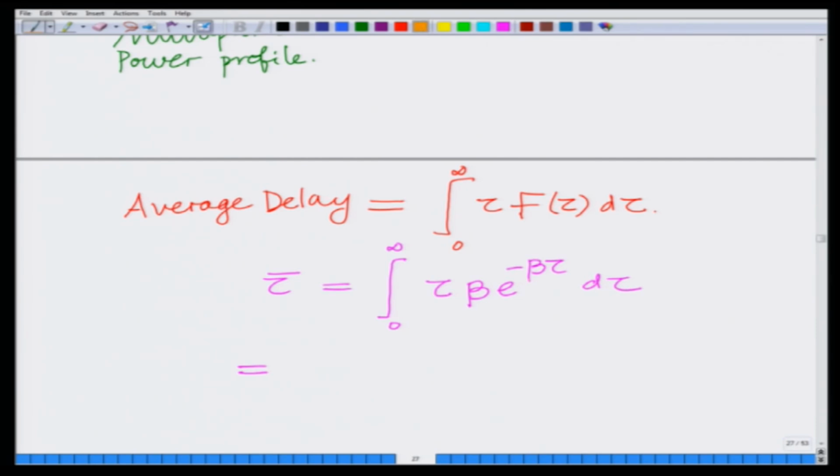I can first integrate beta e to the power of minus beta tau, which is minus e to the power of minus beta tau. Therefore, using integration by parts, I have minus tau e to the power of minus beta tau between the limits 0 to infinity, plus integral 0 to infinity e to the power of minus beta tau d tau.